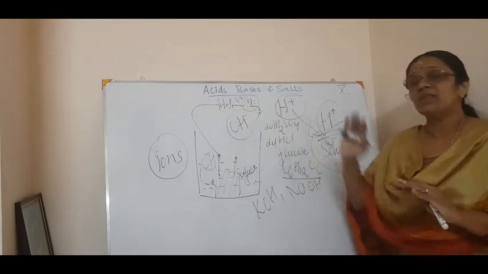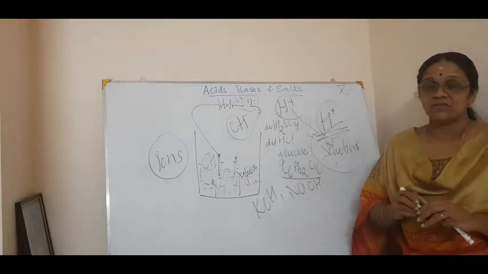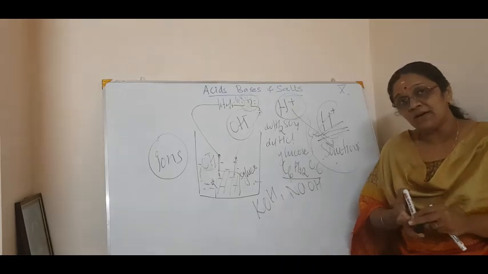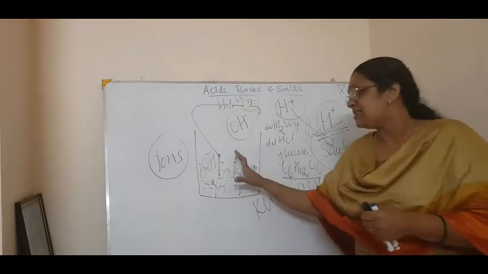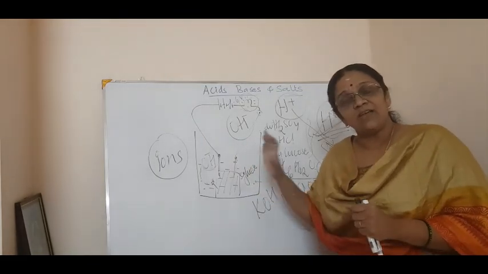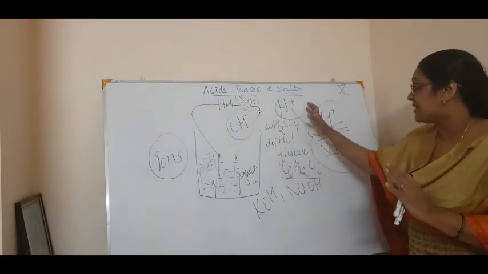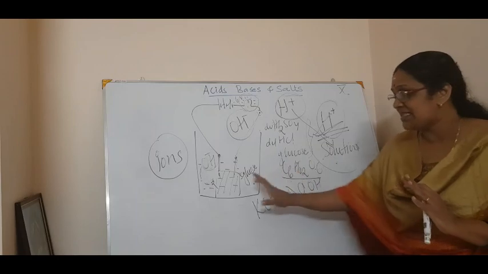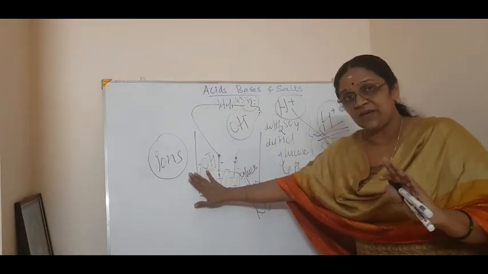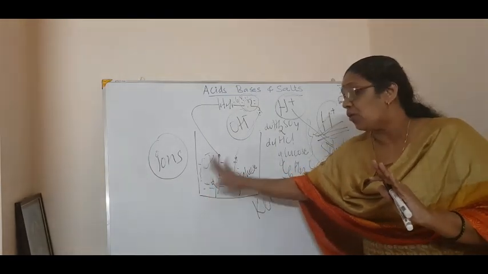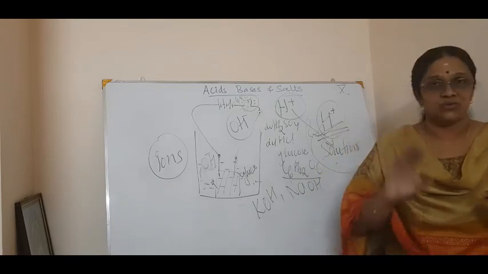So that is how the bulb glows. So understood? Is it clear? So whenever we say a substance is an acid, it must contain H plus ions or it can furnish H plus ions in solution, whereas a base, generally speaking, can furnish OH minus ions in solution.